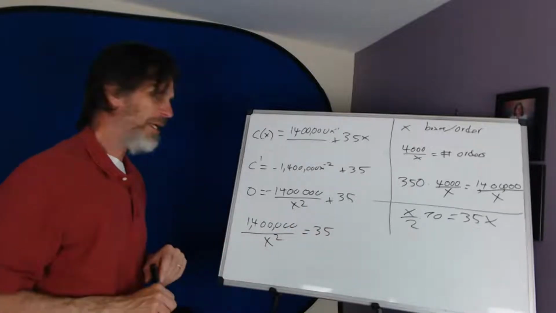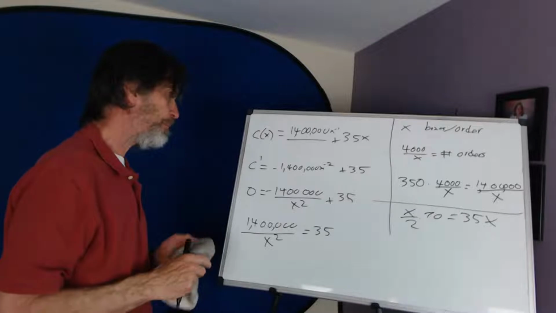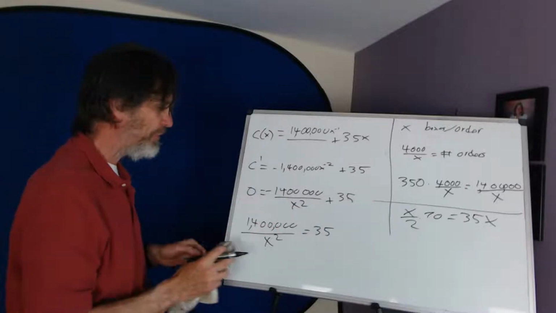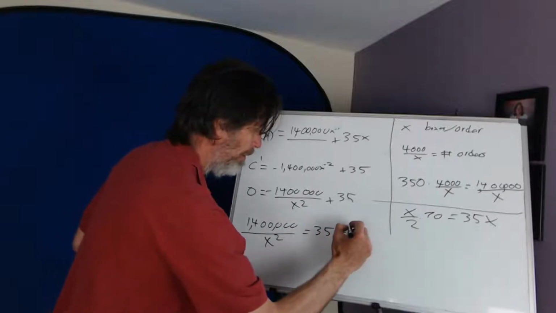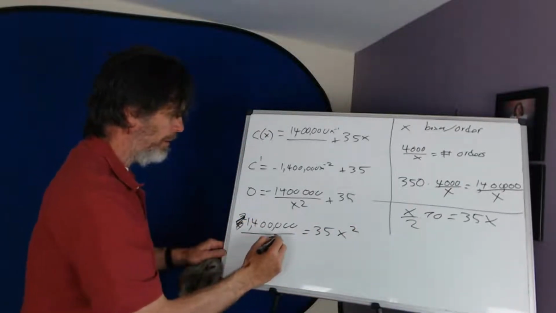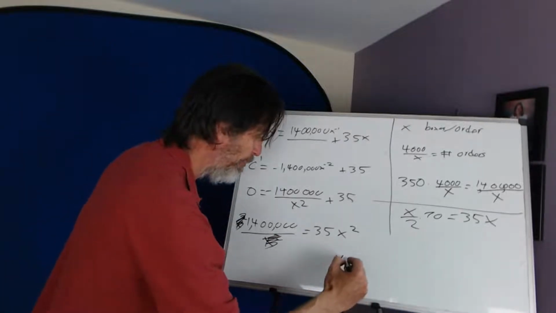And then I think 2 steps of algebra later, I'll be in pretty good shape. Let's see, multiply both sides by X squared, which allows that to cancel. Divide both sides by 35.